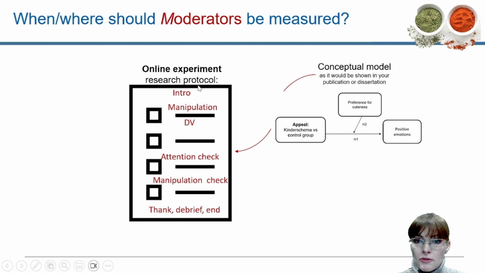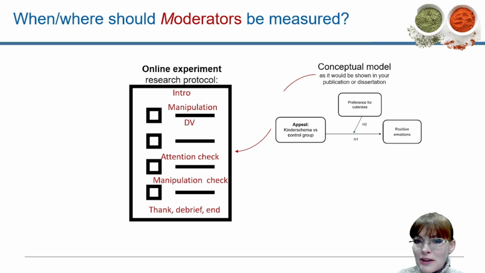Let's say you have your introduction, you have your manipulation, then you measure the dependent variable, then attention checks and manipulation checks appear at the end of the survey. Then you thank and debrief your participants. And here you also measure other variables that you need, age, sociodemographics, whatever you need.